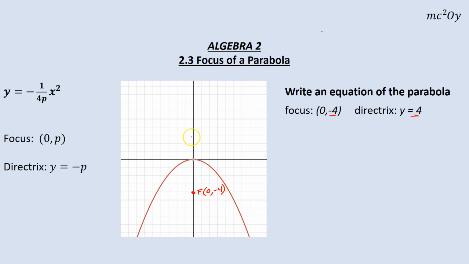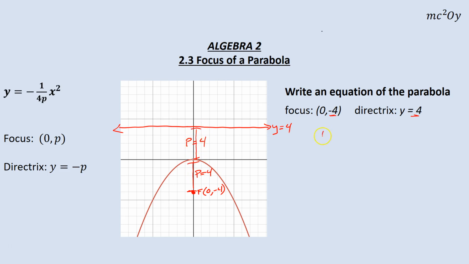Directrix 1, 2, 3, 4. y equals 4. Without even graphing the parabola, we can know what's happening. It has to be opening downward. It has a p-value of 4. And p is a distance, so it's never negative.